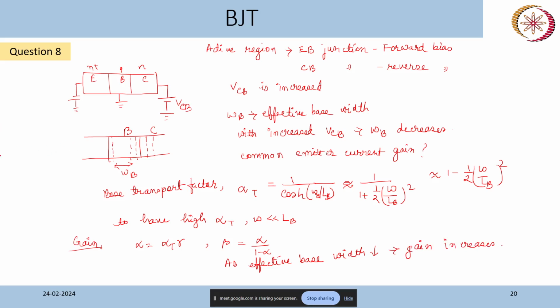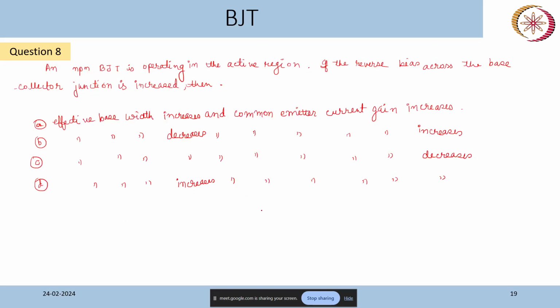Or we can say that when the effective base width decreases, there will be less chance for recombination, so overall gain will increase. So what will be the answer? The answer here is that effective base width decreases and common emitter current gain increases. So the correct answer is B.